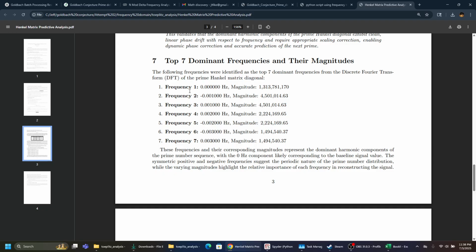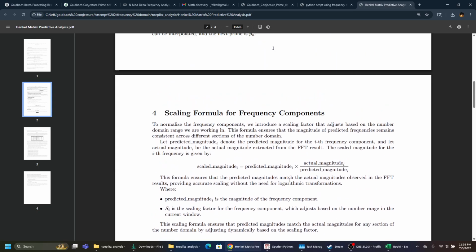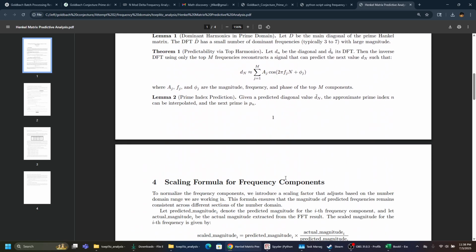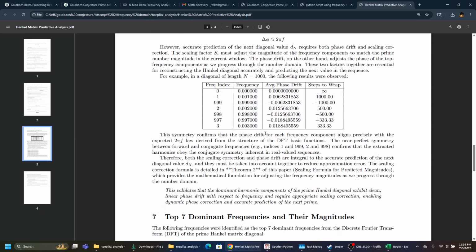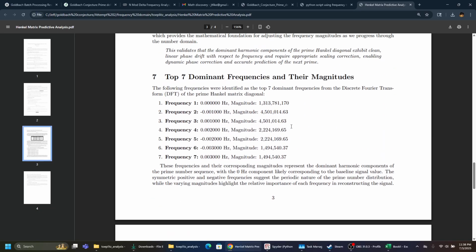These are the 7 frequencies. The magnitude is just what we measured empirically, and then of course this formula that I provided is based off of these magnitudes that I listed here and observed.